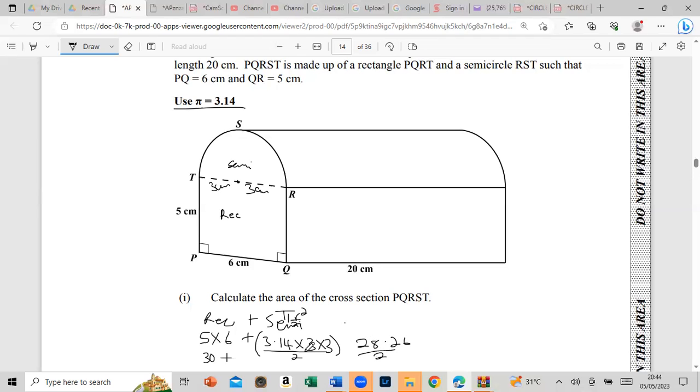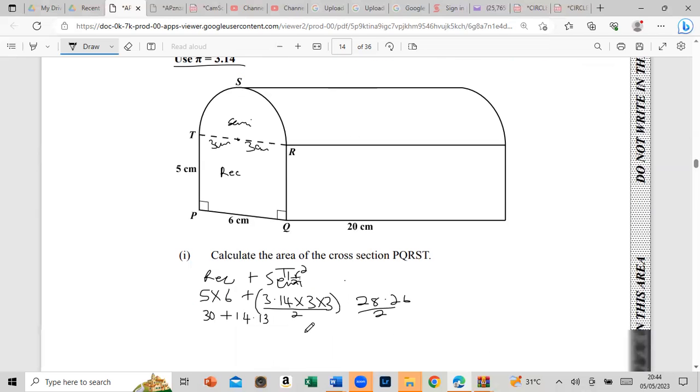So our final answer would be 44.13, because you have to add both of them, right? So the area, remember, area is 2 dimensions, so that's square.